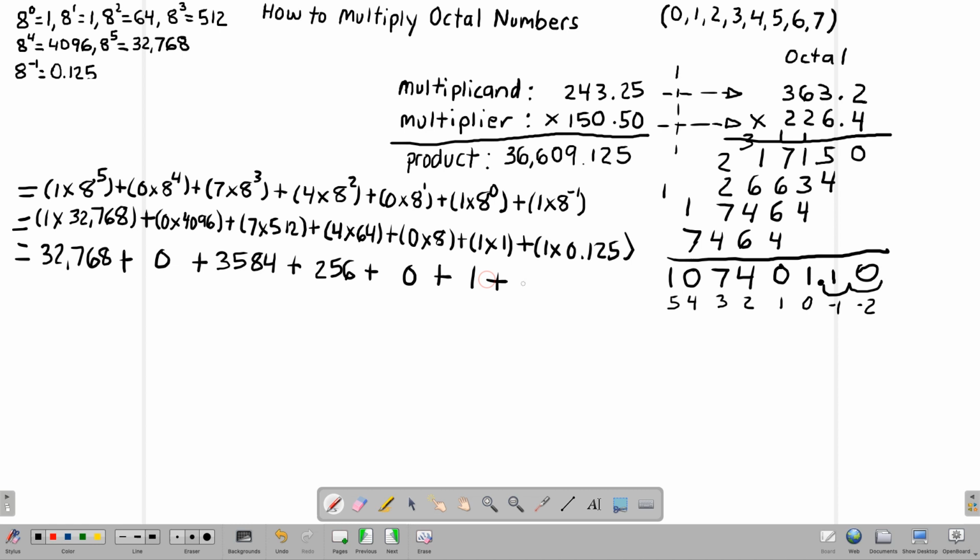And then 1 times 0.125 is the value 0.125. And so when we add it up, we have 32,768 plus 0 plus 3,584 plus 256 plus 1, and then plus the 0.125, and it is indeed the value 36,609.125, and this is what we wanted to show.